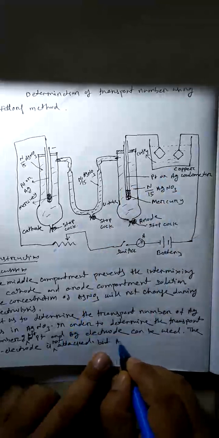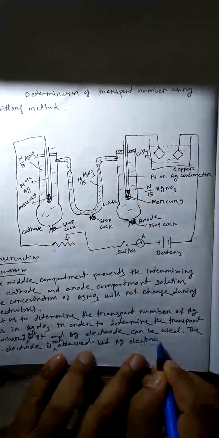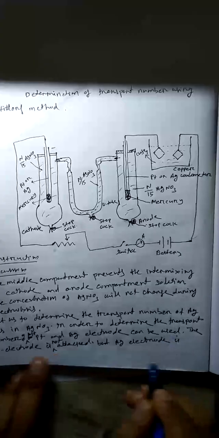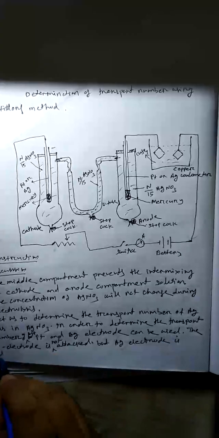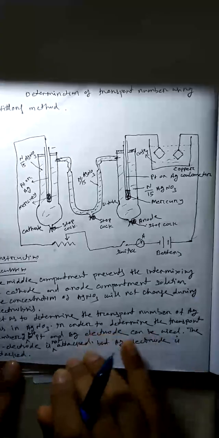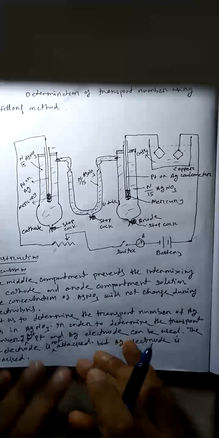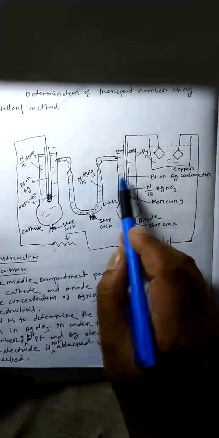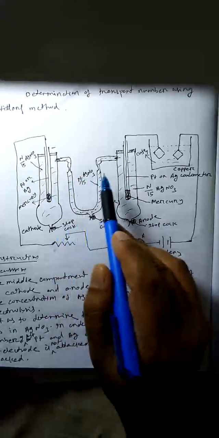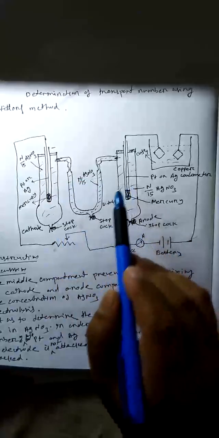But the silver electrode is attacked, because the silver electrode is not a neutral electrode. So what happens? Now you may take a platinum or silver electrode, but the condition is that the platinum electrode is not attacked, but the silver electrode is attacked.